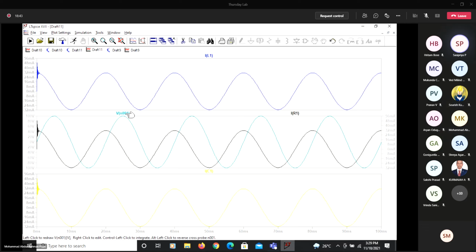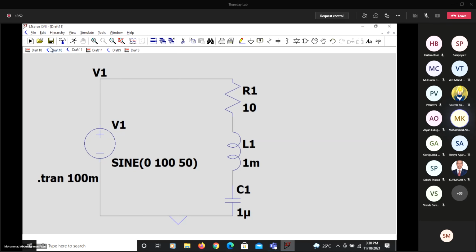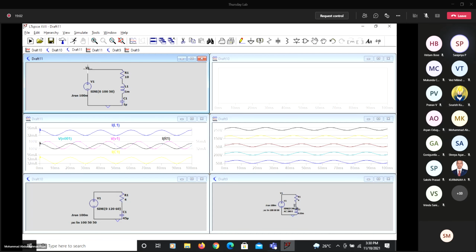Just plot a fresh waveform for your current and voltage, I of R1 and V of V1. Now you run. V of V1 and I of R1. Oh, it's coming there. If you can close all the other waveforms or zoom that window. Yeah, maximize that window.